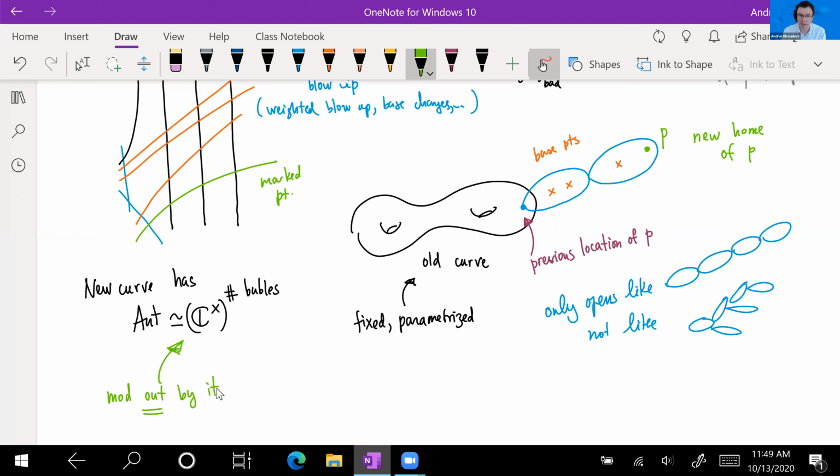So in particular, when you mod something out, you should impose stability conditions, and so the new stability is modified.